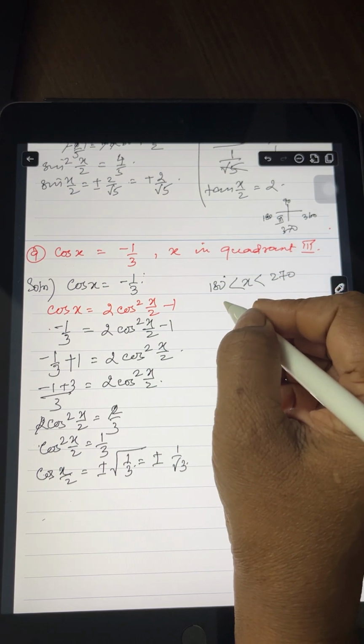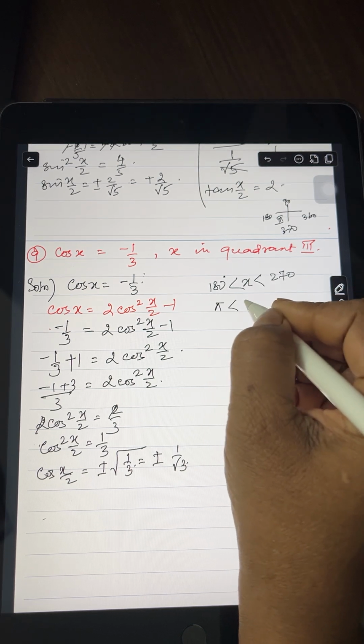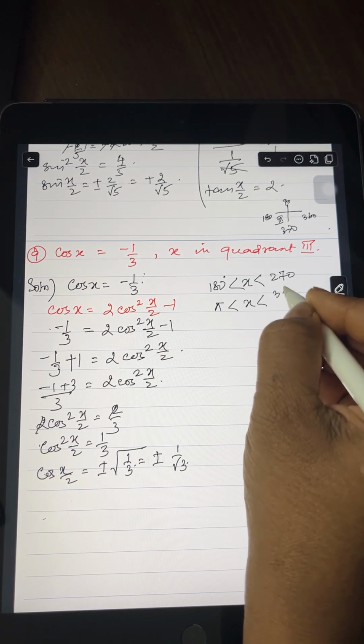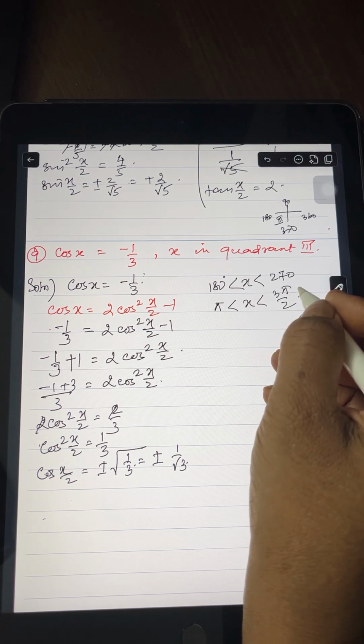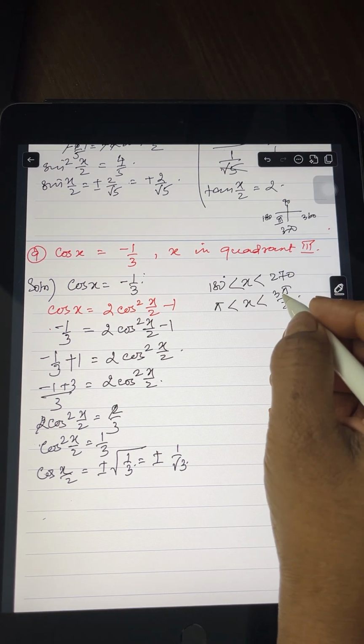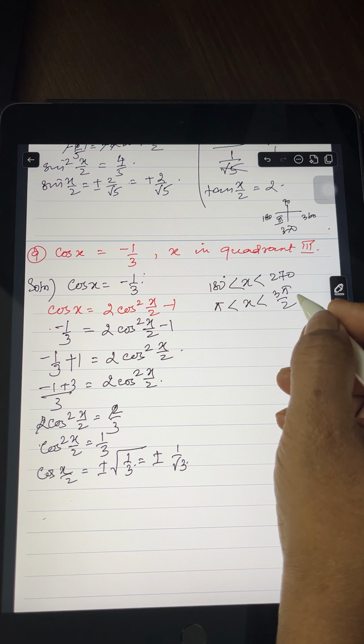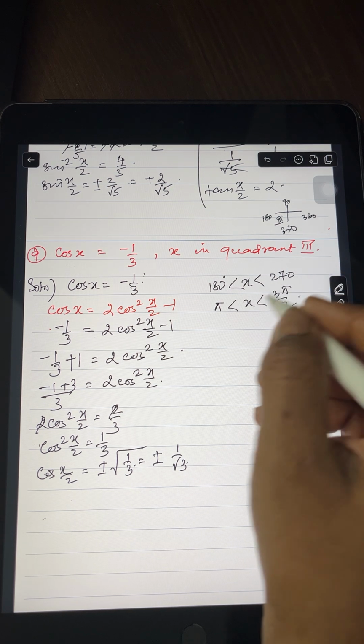How can you write 180 in radian form? Pi. So x is less than 3 pi by 2. 3 pi by 2 is 270, because pi is 180, and 180 plus 90 gives 270. Okay.